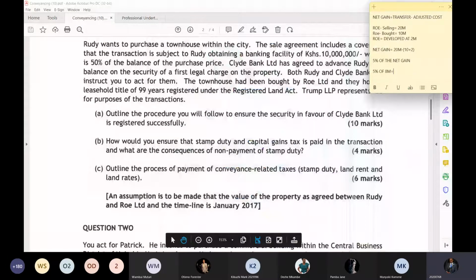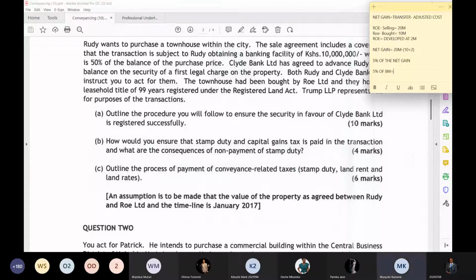Does anyone have a question or concern or something that you need me to clarify? You've understood how you calculate all those documents, yes?